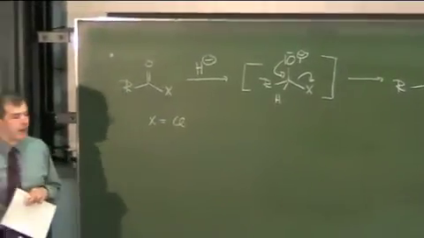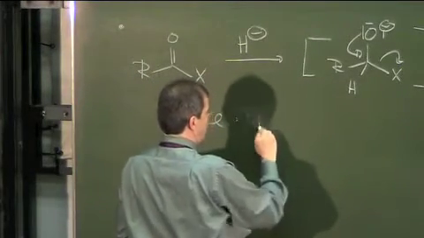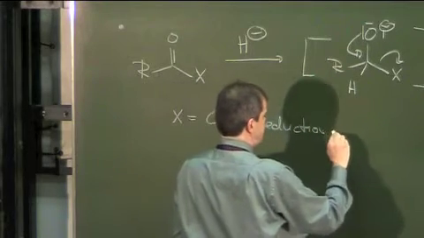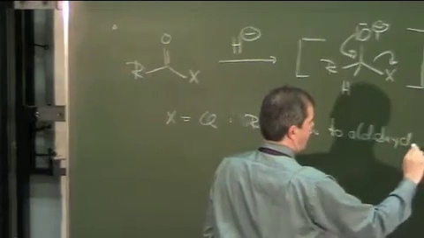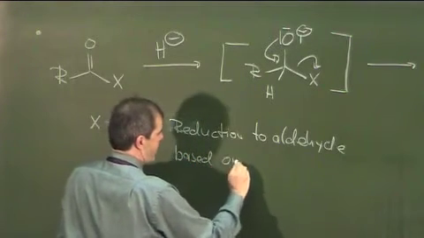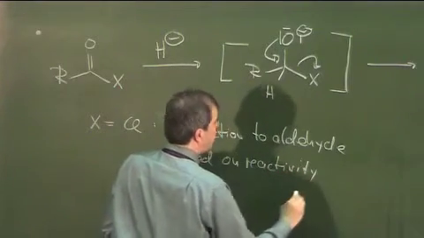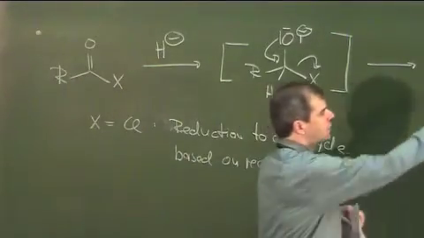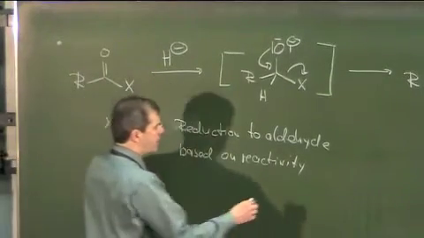So in the case of an acid chloride, reduction to the aldehyde selectively should be possible, based on the reactivity of the carbonyl compounds involved, the acid chloride reacting more readily with nucleophiles than the aldehyde.